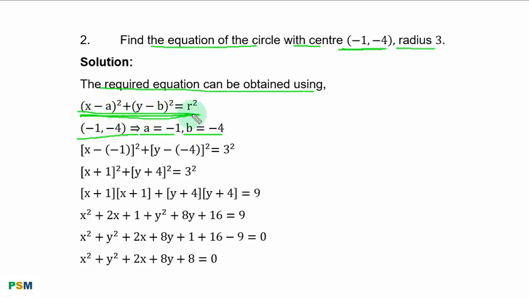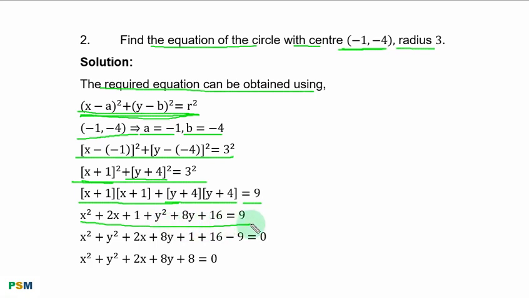You come back here, you replace a, b, and r with what they stand for. You open the inner bracket, you have this result. This term simply means x plus 1 times x plus 1. The same thing happens to this term, expressed in this form equal to 9. When you expand correctly, you have this result.